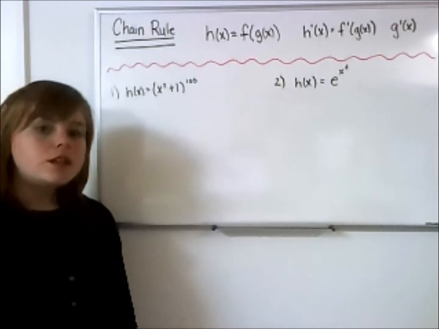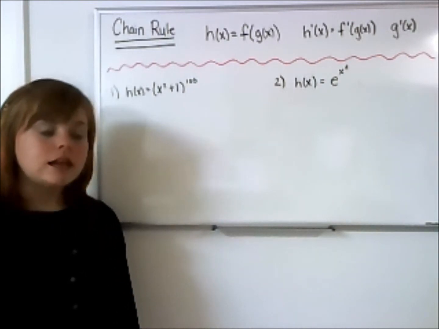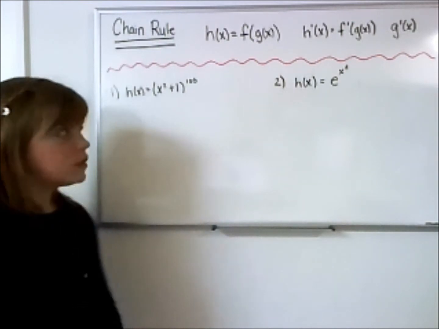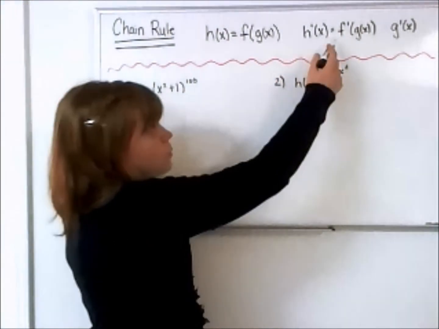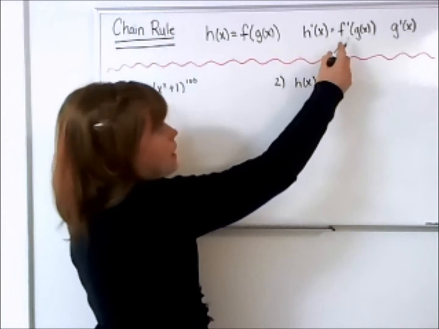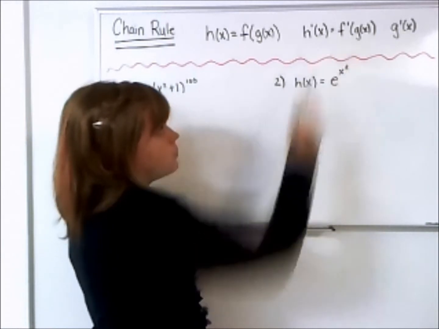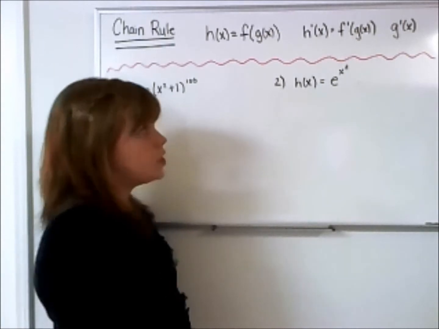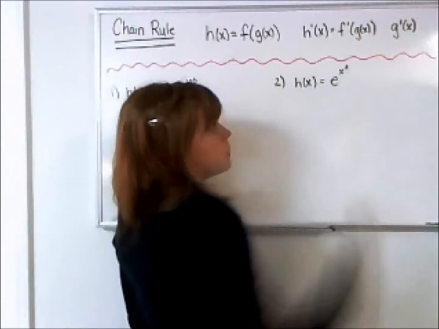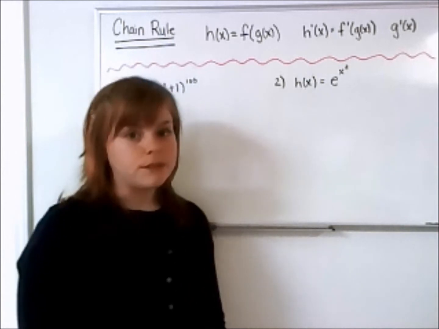The chain rule says that to find h prime of x, the derivative of h of x, h prime of x will equal the derivative of f of g of x, so f prime of g of x, multiplied by the chain part, so multiplied by g prime of x, the derivative of g.